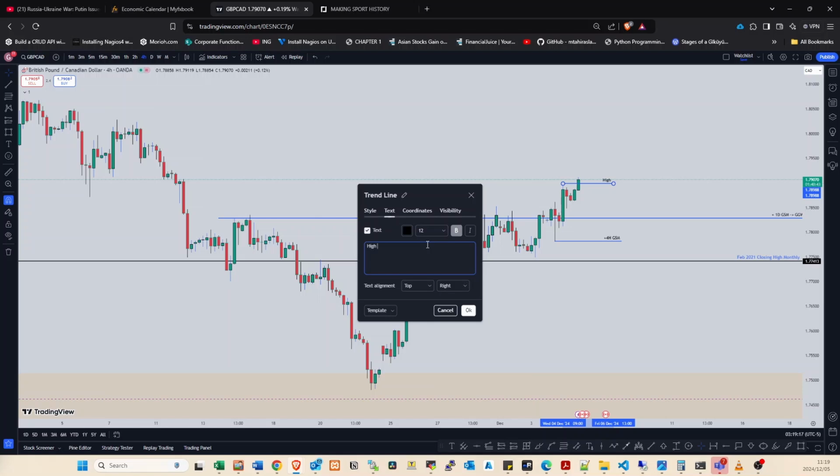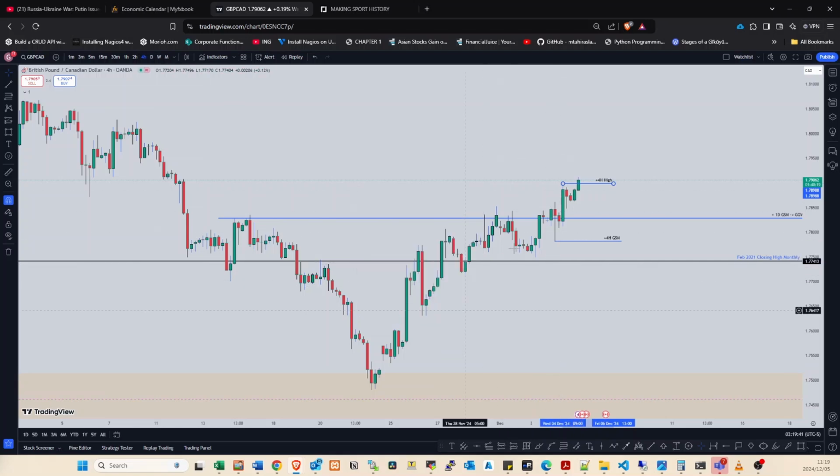We've broken that high. Ideally, I want to see how this candle closes. This candle closes in an hour and 40 minutes. What does that mean for this chart? It means we change our perspective.